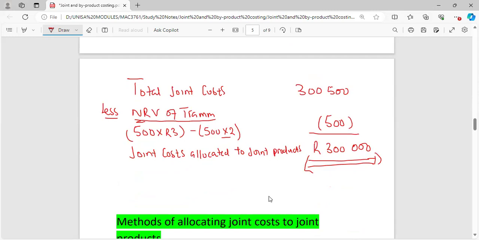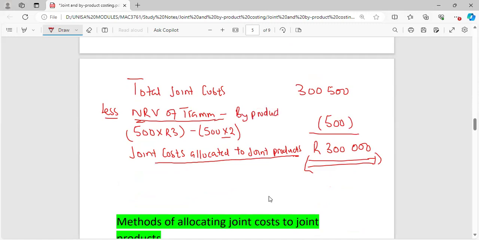Okay. What he's asking is, how do we treat scrap and waste? Remember, you treat scrap the same way as a byproduct. If we had scrap here, it means we're going to deduct it to arrive at the joint cost. Let's say tram is a byproduct.